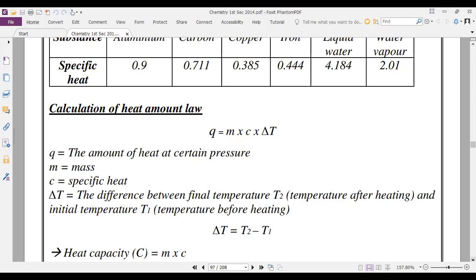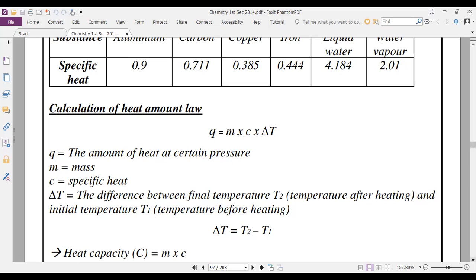C is specific heat. Delta T is the difference between the final temperature, T2, the temperature after heating, and the initial temperature, T1, the temperature before heating. So delta T must equal T2 minus T1, final temperature minus initial temperature.